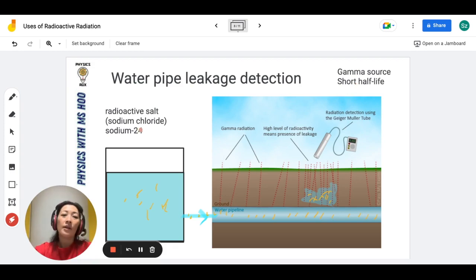For example, sodium-24 has a half-life of 15 hours, long enough for us to be able to detect, short enough that the radioactivity level will drop to a safe level after a few days. So that's why we can use sodium-24 safely, even though it's radioactive, because its half-life is short enough that it won't keep the water radioactive for a very long time.